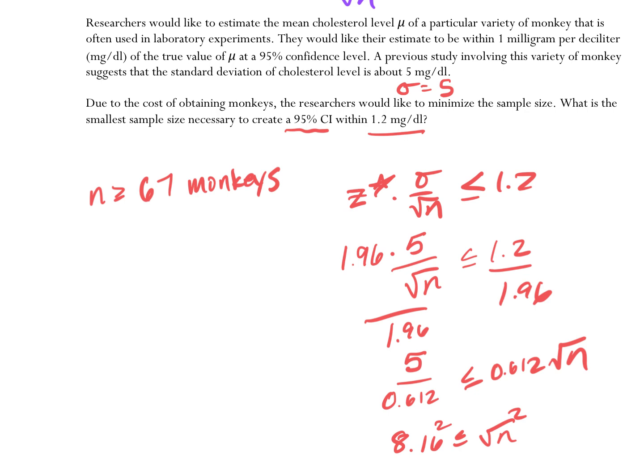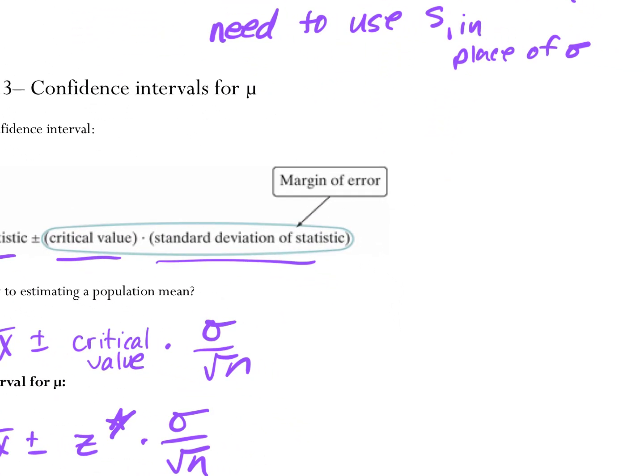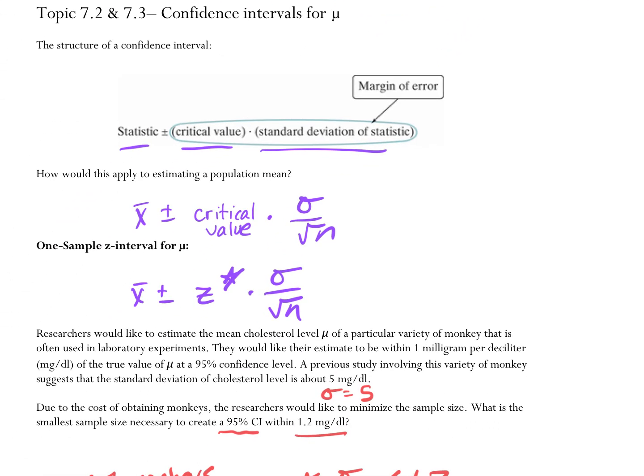All right. Now, before rolling on, I want to bring up again, we need to use S in place of sigma most of the time. Because we like this part, okay? We don't know the population standard deviation in actual practice. So what we do is we use x bar plus or minus, over the square root of n, and we put an S on top here.